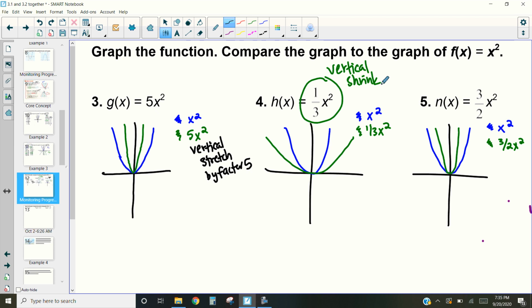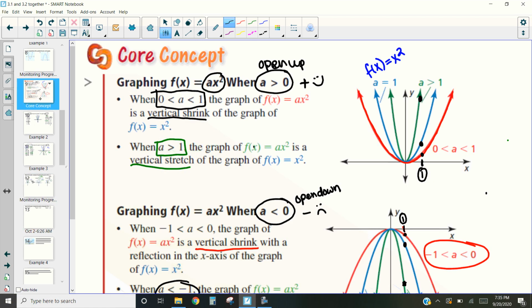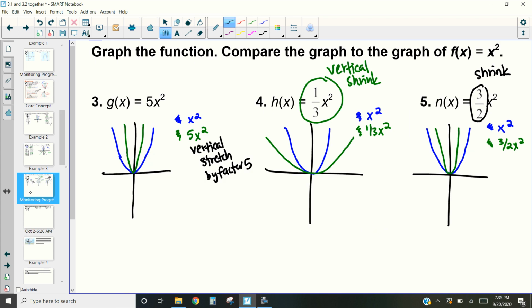This next one is a little bit tricky because a lot of us see this 3/2 and think it's going to shrink. But what actually happens when you plug those into a table is 3/2 is actually bigger than 1. And when we go back to this, if a is bigger than 1, which it is in this case, we are going to end up having a vertical stretch here. So we did end up stretching in this case.